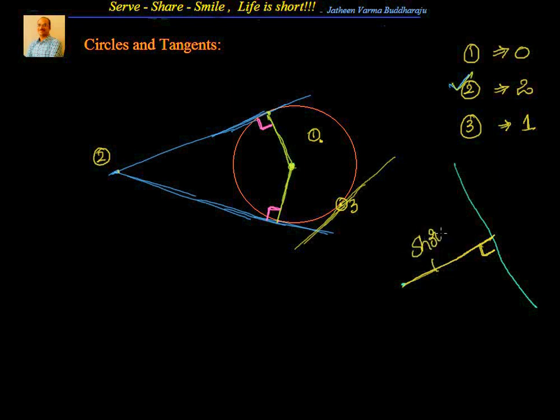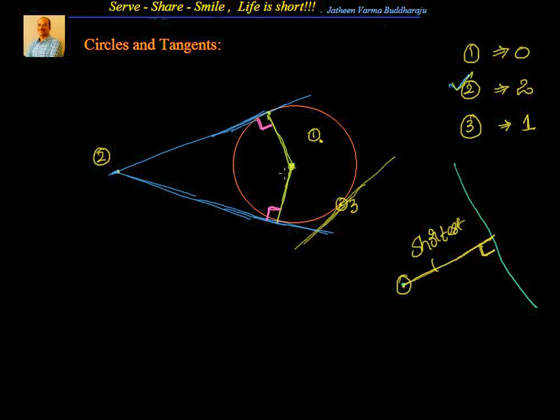So what we are trying to say is, if you want to measure a distance from a particular point to a line, you have to measure the shortest distance. That distance is nothing but the perpendicular distance. Similarly, suppose you take a center, and from the center you try to join any point on the tangent.